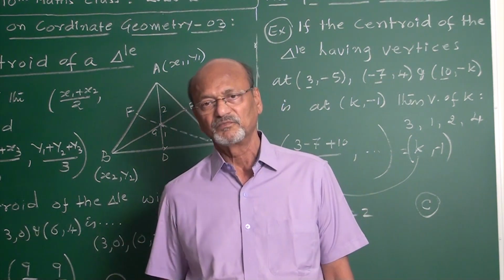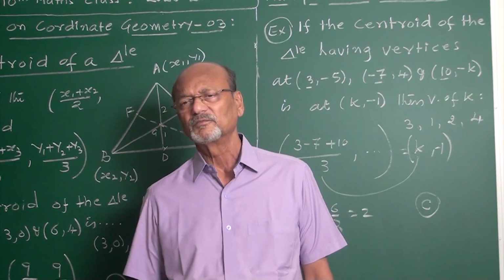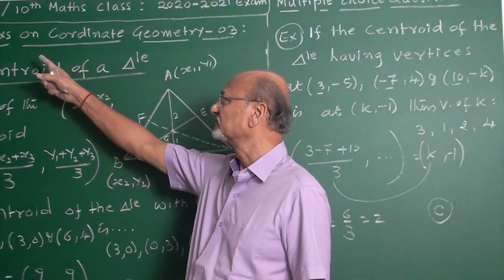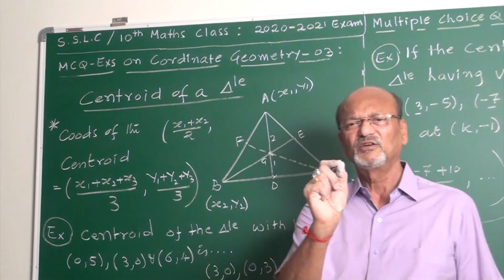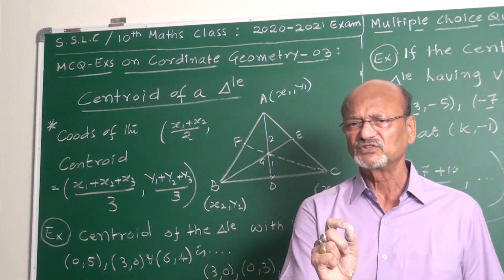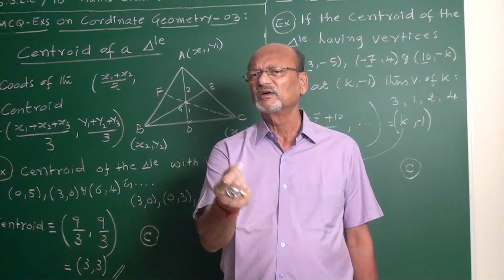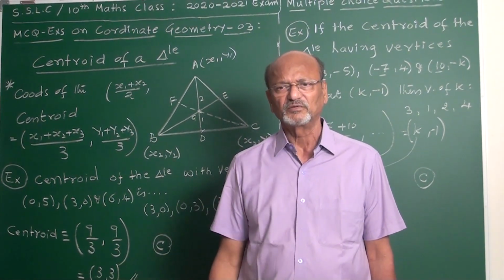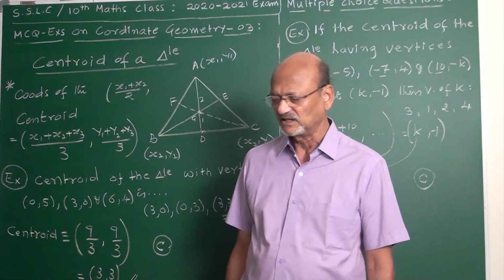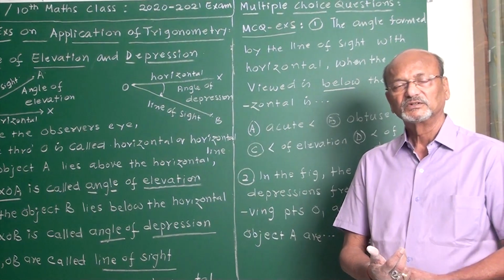Lengthy examples. In that only, we have to search for what? This MCQ examples. Now I give the definition of what? Angle of elevation, angle of depression, then 4 or 5 examples of angle of elevation. It means heights and distances, my friends.